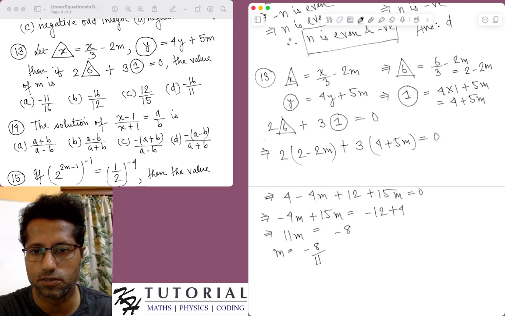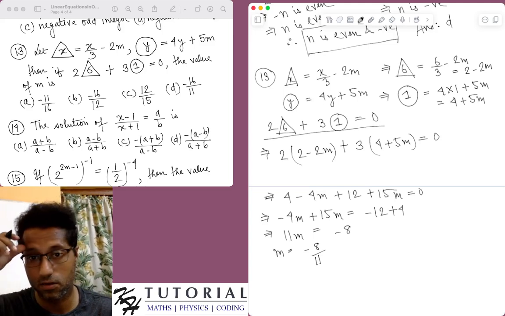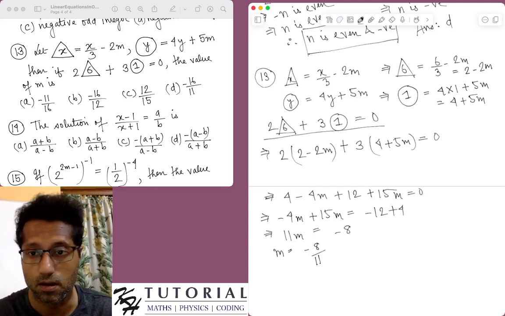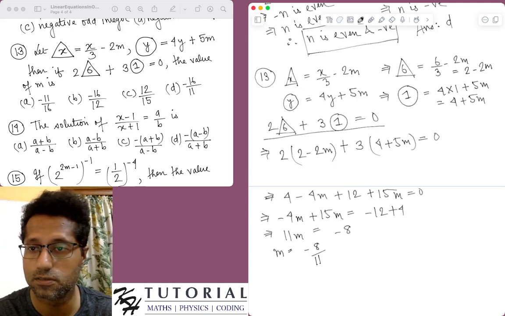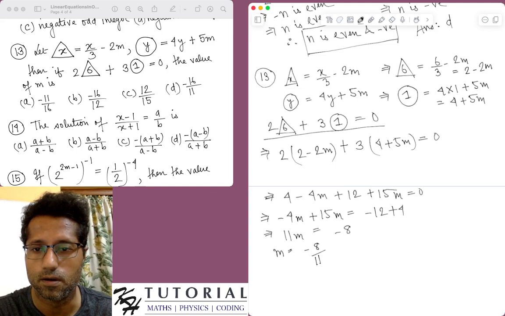From the given equation, we get 2 into triangle with 6, which is 2 minus 2m, plus 3 into 1 with circle, which is 4 plus 5m, equals 0.